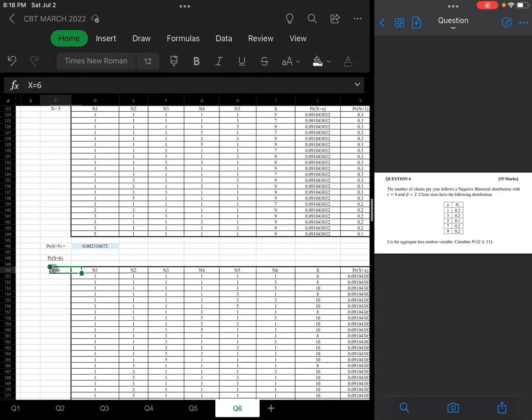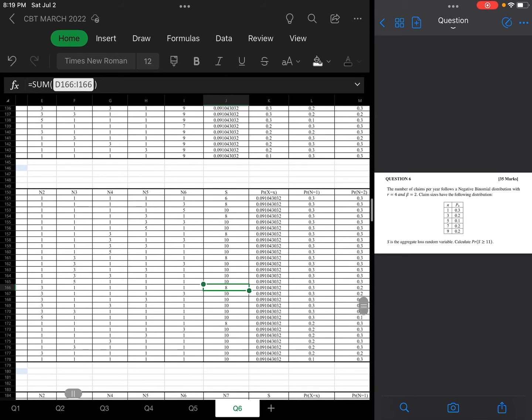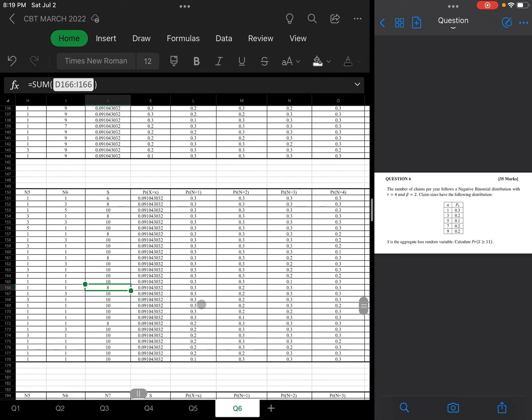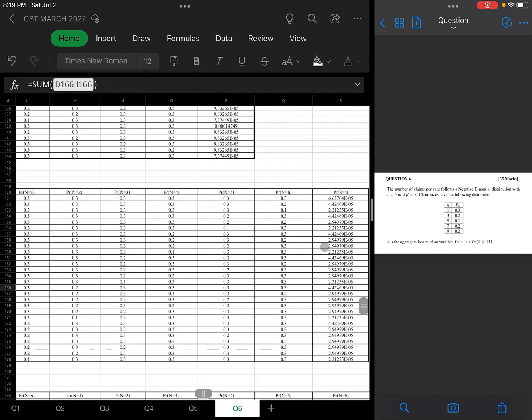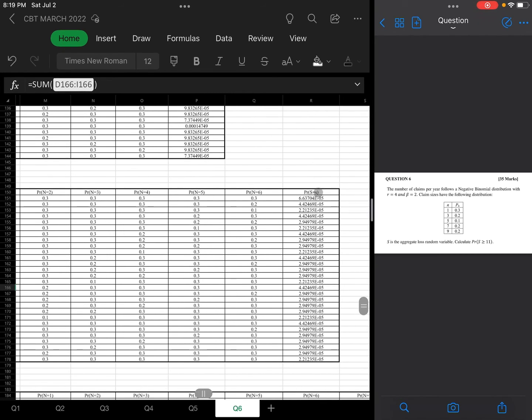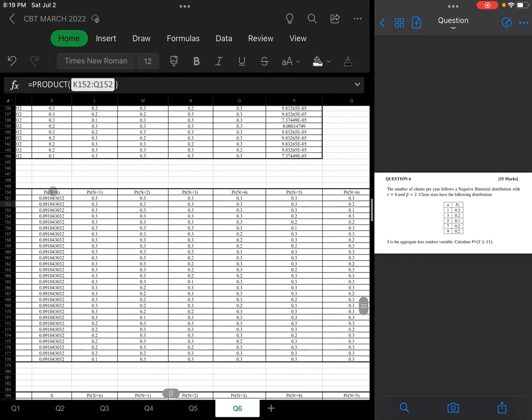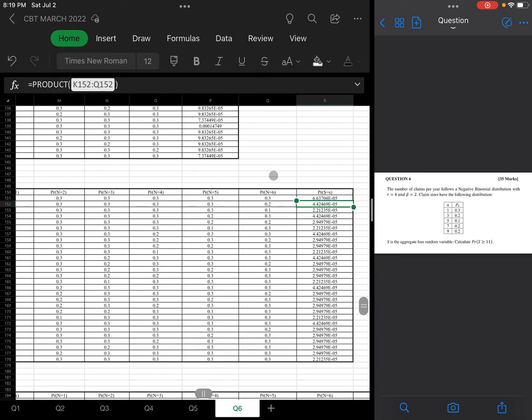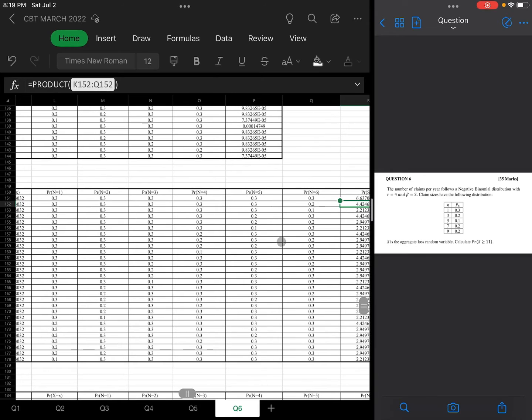Here the value of X is 6 and n can be 1, 2, 3, 4, 5 and 6. So probability of X equals x here is probability of X equals 6. Following the next step by substituting the values for probabilities respectively, then computing probability of S equals s by using the product from probability of X equals x until probability of n equals 6, all of these columns.